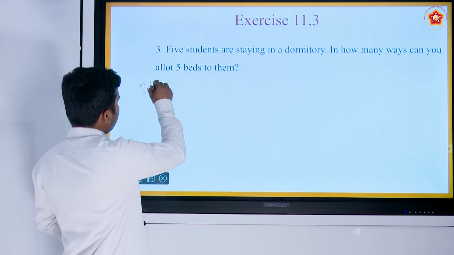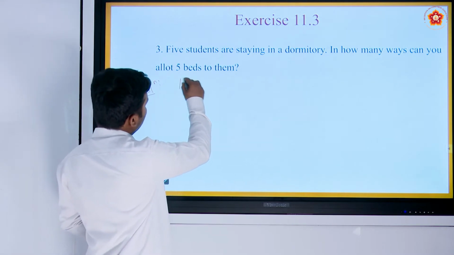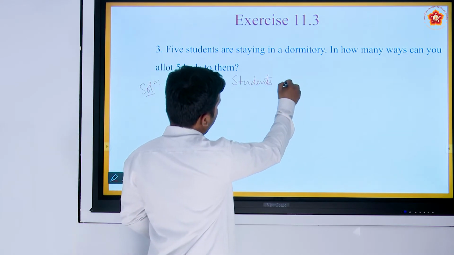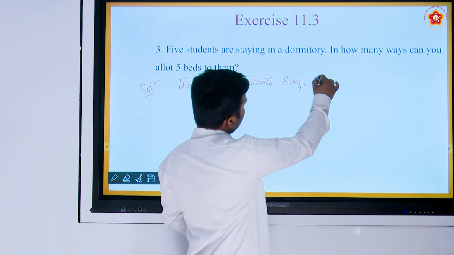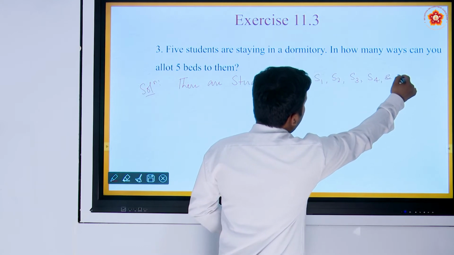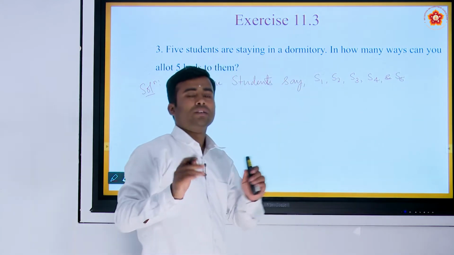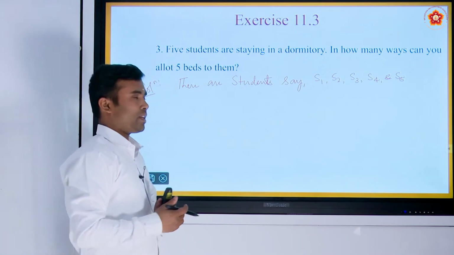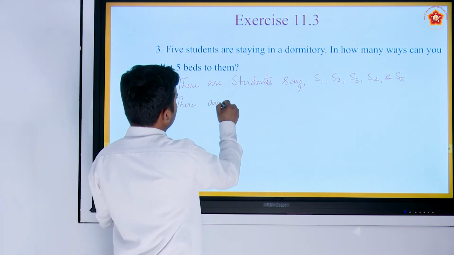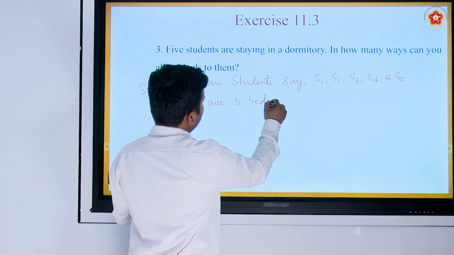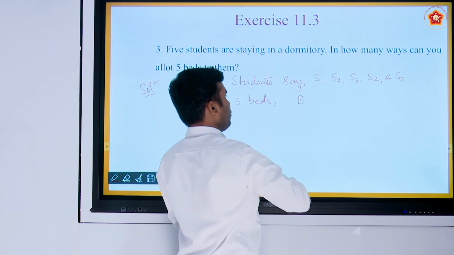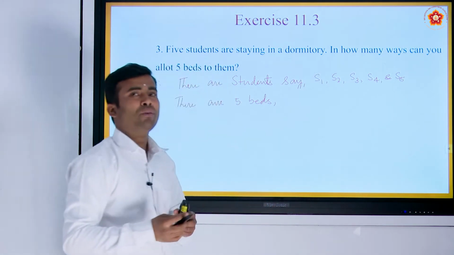The solution to this problem: there are 5 students, say student 1, student 2, student 3, student 4 and student 5. Similarly, there are 5 beds, which means there will be 5 vacant places.